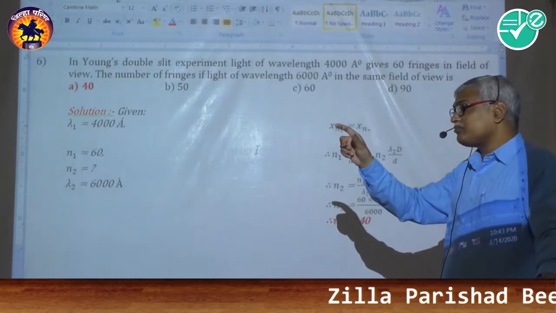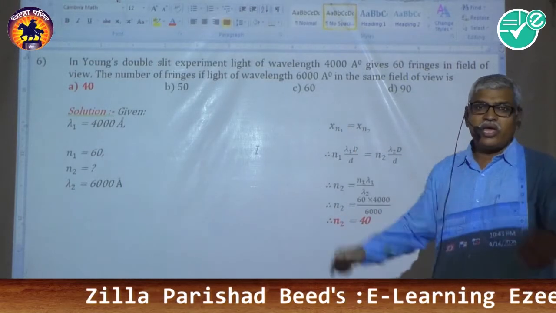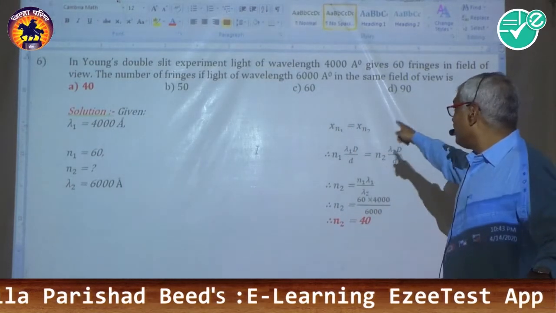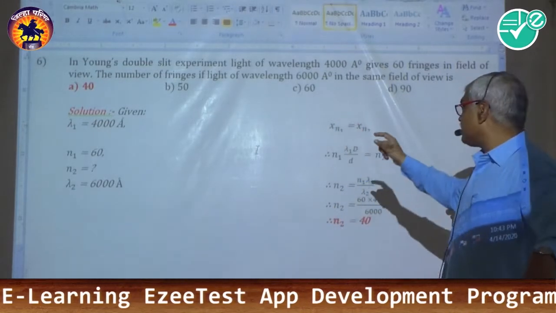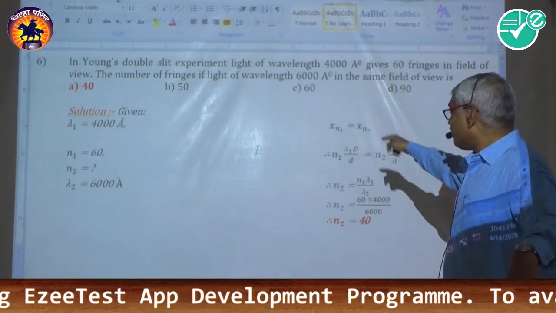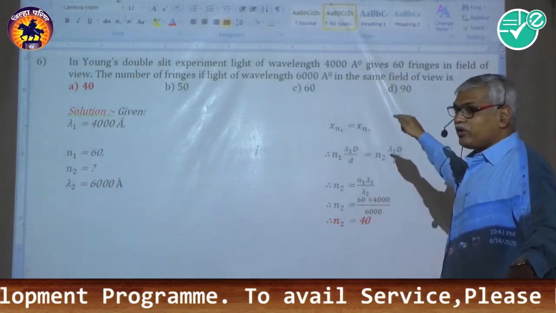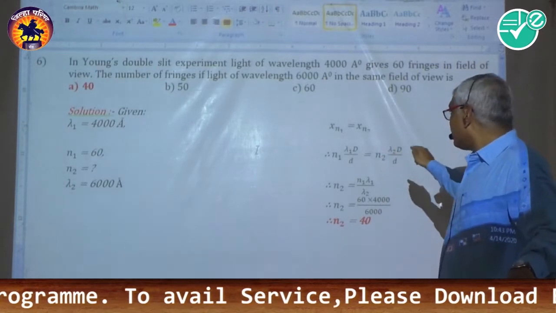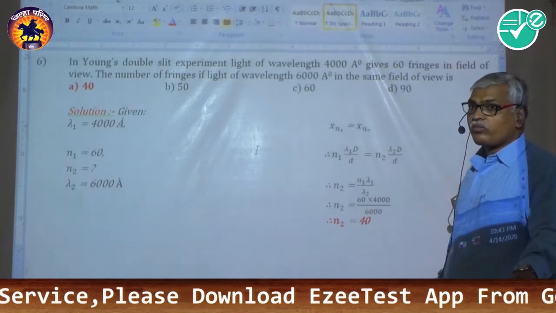X is the distance from the center of the pattern to any fringe. As Xn1 is equal to Xn2, write down Xn1 is equal to n1 lambda 1 D by d, and n2 lambda 2 D by d is equal to Xn2.